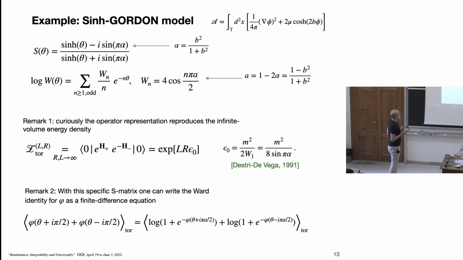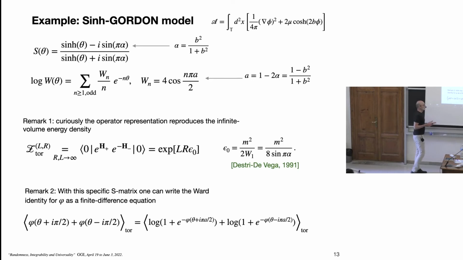Second remark is that on the torus, for this field theory, you can write a Ward identity which resembles the Y system for the theory on a cylinder. But the difference is that here this is not a function, but this is an expectation value of this function of the operators.